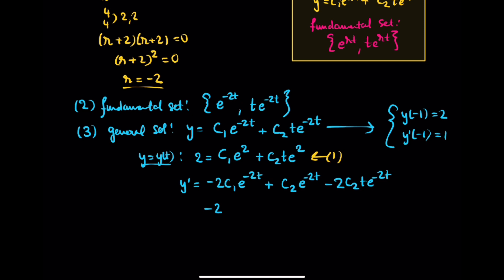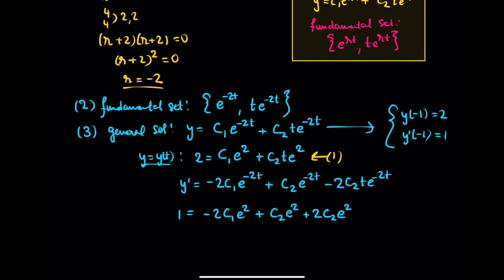I'm going to just plug in y prime(-1) equals 1. So -2 c1 e to the 2 plus c2 e to the 2 minus 2 c2, and t was -1, so this becomes a plus e to the 2.